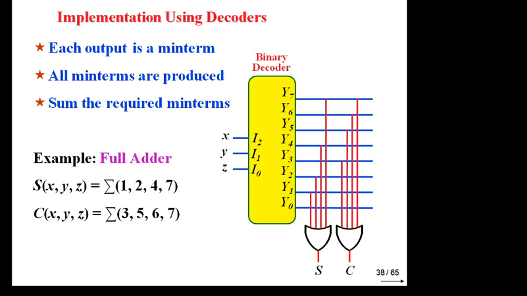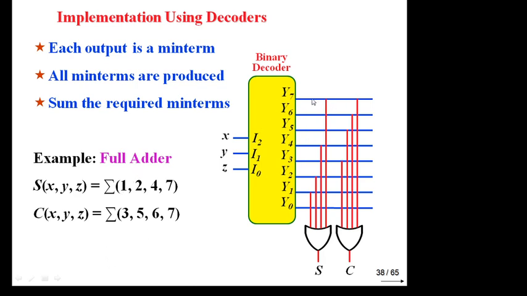Just it must be in SOP form, not in POS form. You have to remember, because you are getting the product term. Product term comes only in SOP form and you require one OR gate. So you will add all the product terms, these are min terms.